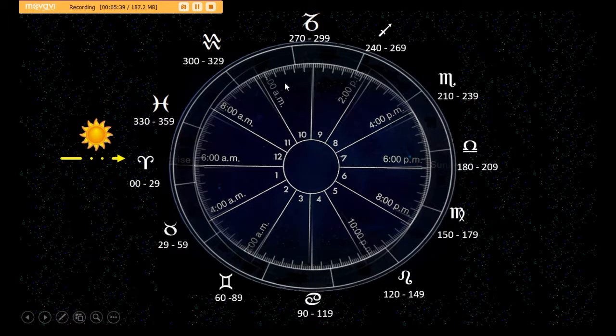For example, I was born 10:37 a.m., so it would be a.m. My sun would be around here or here, the 11th house, depending on how the house cusp degrees register what degree, what sign, what minutes or seconds are on the house cusp in your personal natal chart. The sun would land somewhere in here.